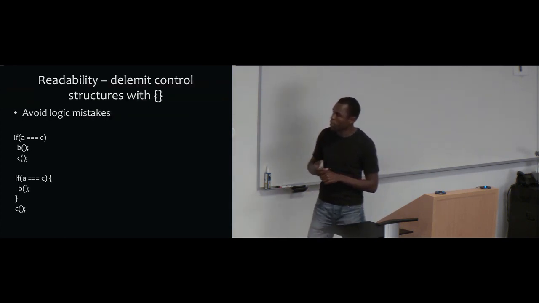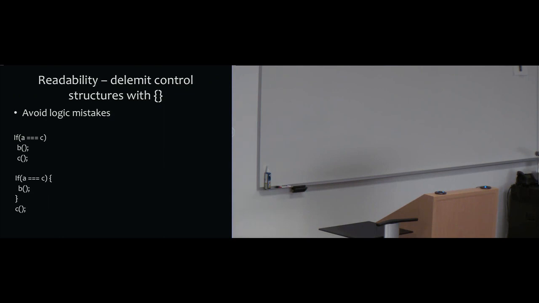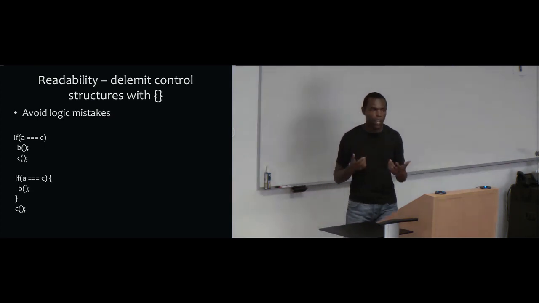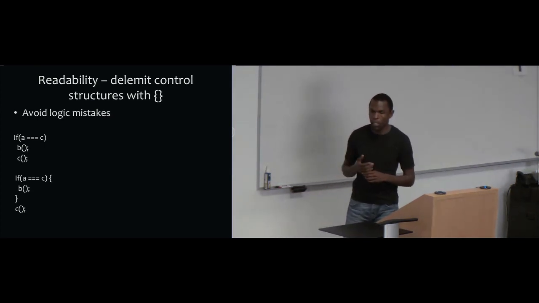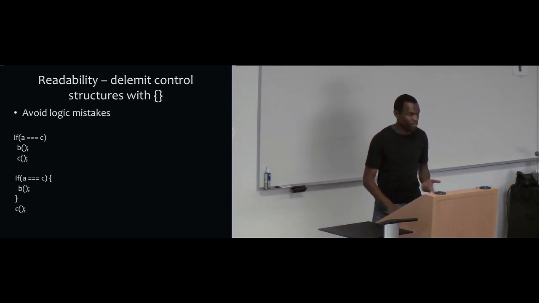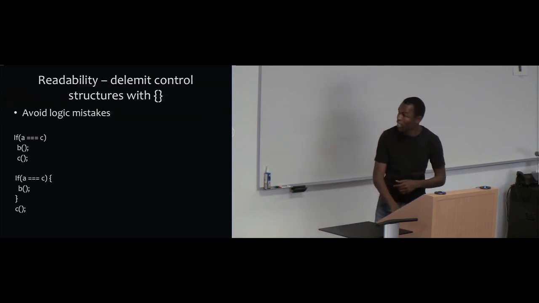Because really what's happening is this, but writing it out explicitly is a lot clearer. That way you can look at it and know what's going on. Nothing that's rocket science.